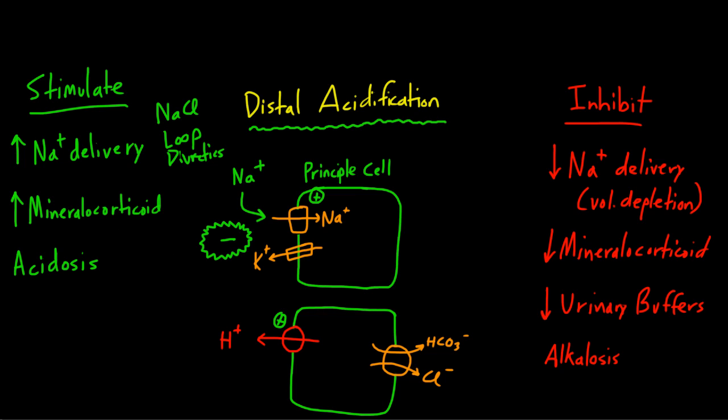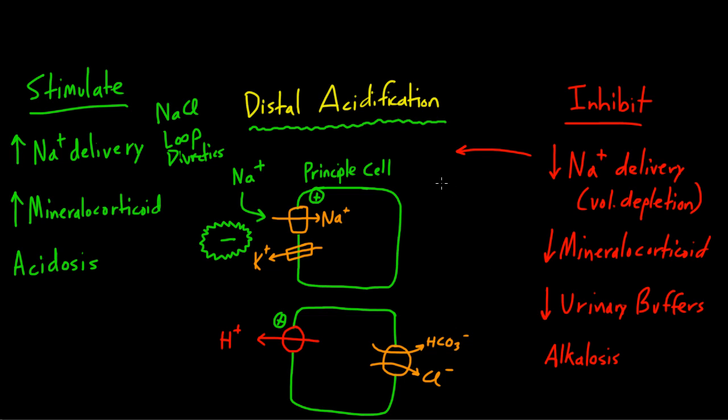If you want to think about the opposite, things that will inhibit this system. So if there's decreased sodium delivery, there will be decreased acid secretion. So we need sodium and urine to flow by all of this to get these cells working the way they are. So if someone's volume depleted and there's low flow, you'll have decreased acid secretion.